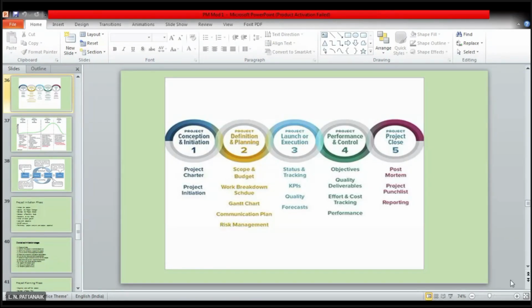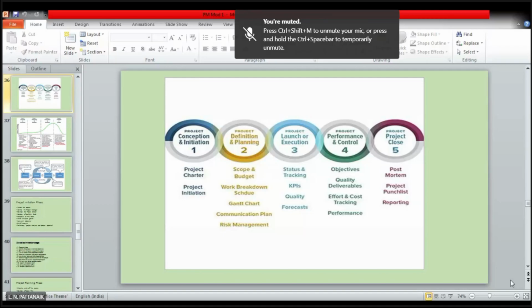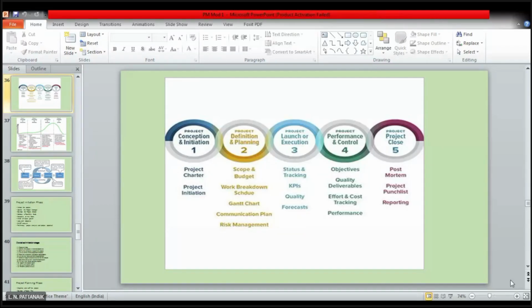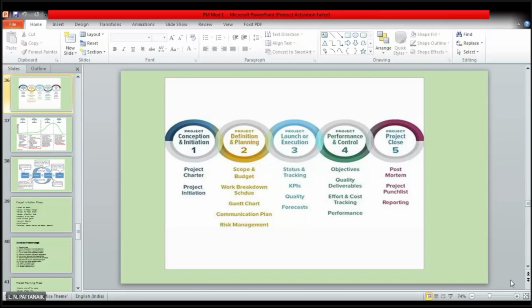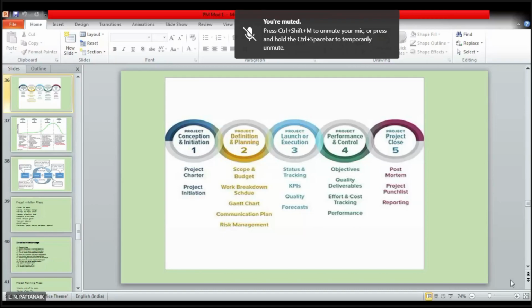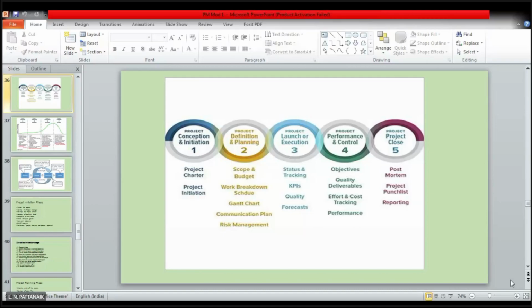Domains in the sense of marketing, financial, commercial, technical, right, and managerial. Based on that, you take a decision on whether this project is a good proposal or not. So they are basically called the project feasibility test. We will discuss that in detail.